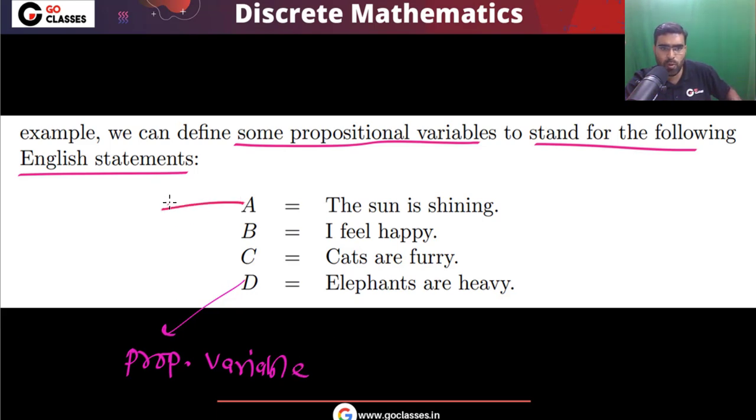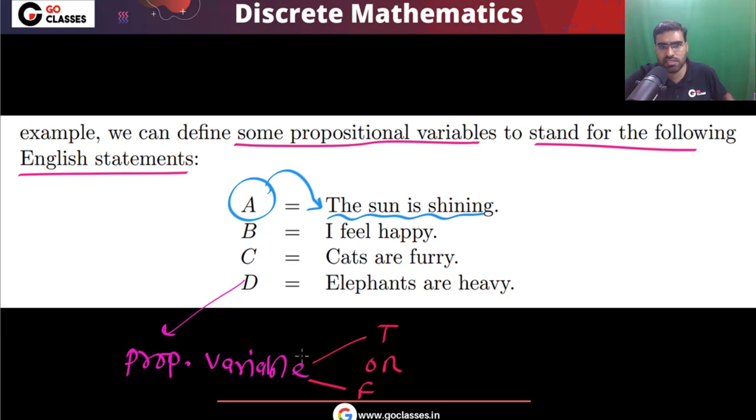Again, you can note this is a propositional variable. So every propositional variable is either true or false, one of them. This propositional variable is representing this sentence. Similarly, this propositional variable is representing this proposition. So very easily you can notice.